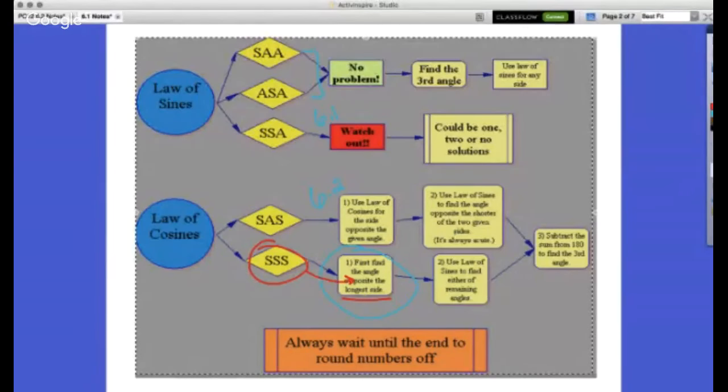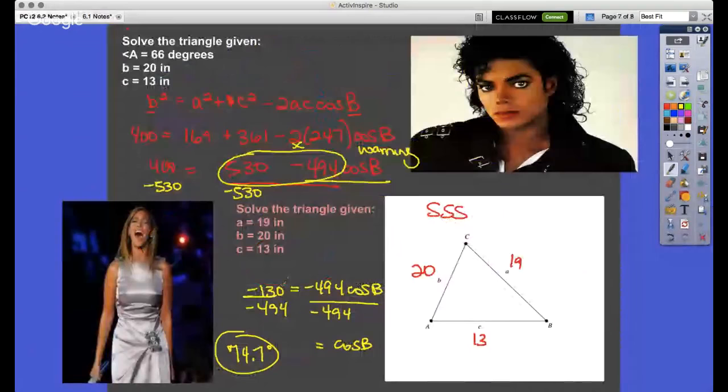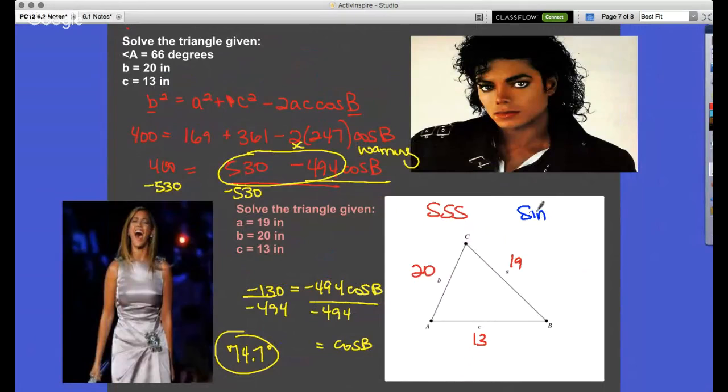As I finish up, the only thing we need to do is use the law of sines to find the other angle. So sine of 74.7, which was angle B, over 20 equals sine of big A over 19.